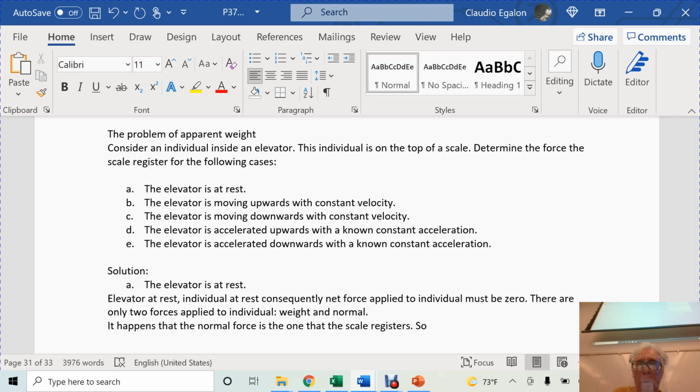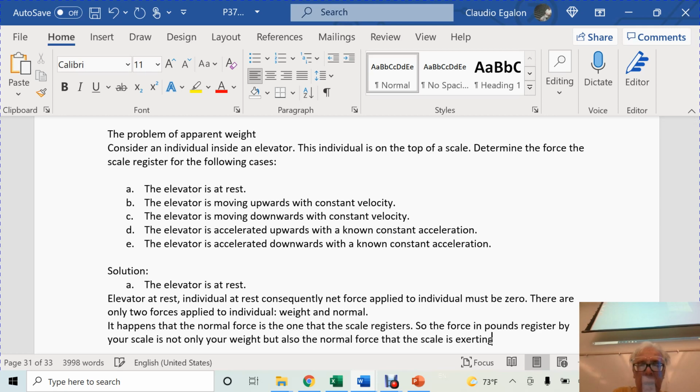So the force in pounds registered by your scale is not only your weight, but also the normal force that the scale is exerting on you.